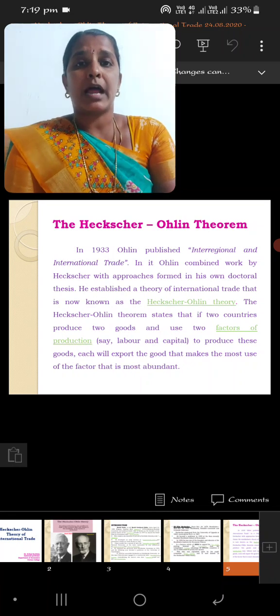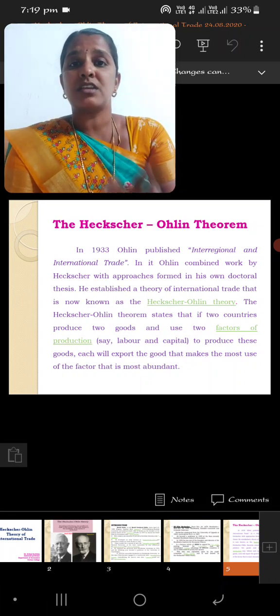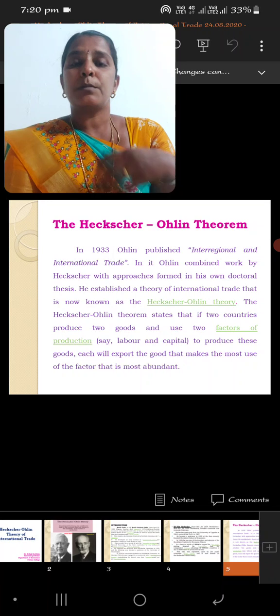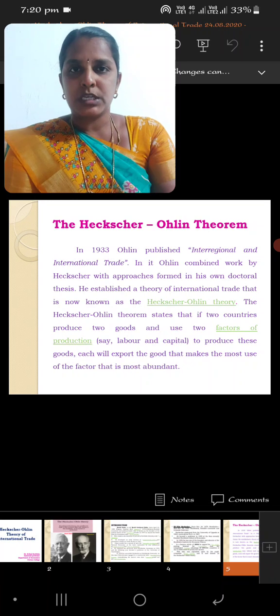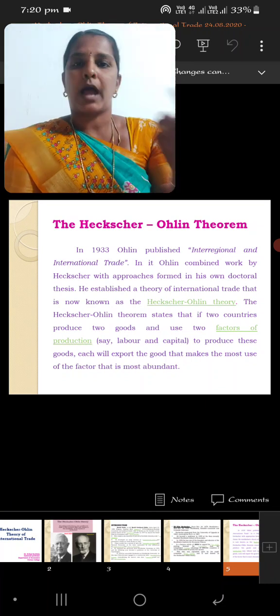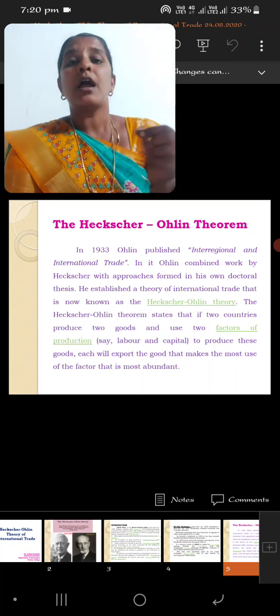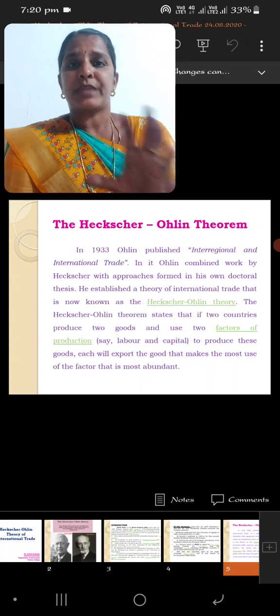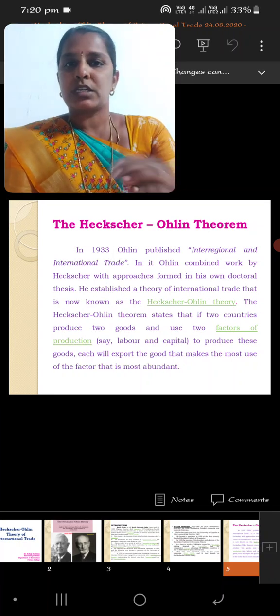That is the simple meaning of inter-regional trade. And what is the meaning of international trade? International trade means that apart from our own country, we are exchanging goods and services from one country to other countries. This is the simple meaning of inter-regional and international trade.